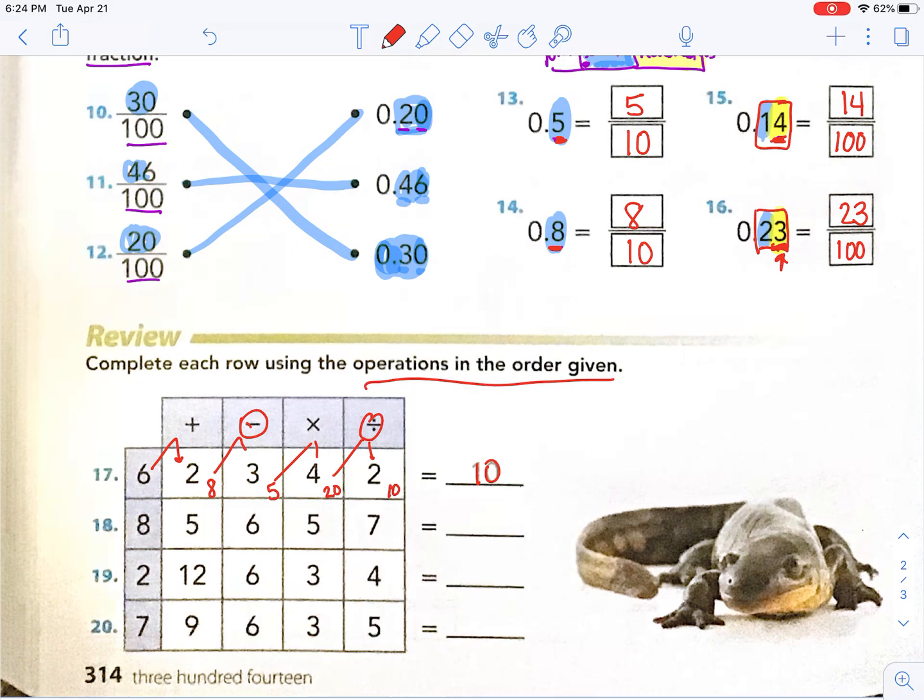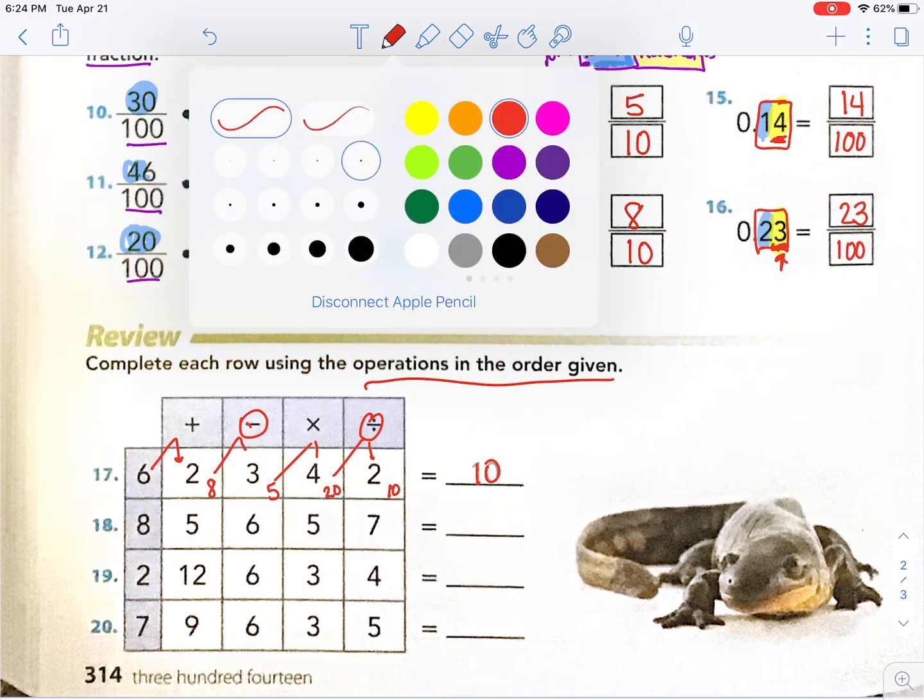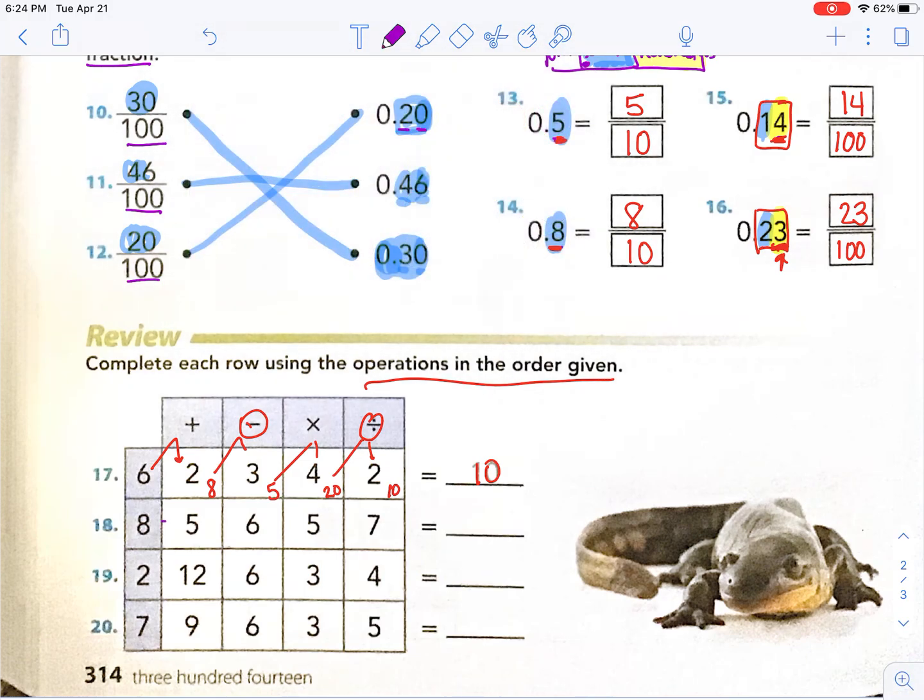And I'm actually going to write it out right here. And I'm going to switch colors so you can see it a little bit better. So 8 plus 5 equals what? 8 plus 5, 8, 9, 10, 11, 12, 13 equals 13.